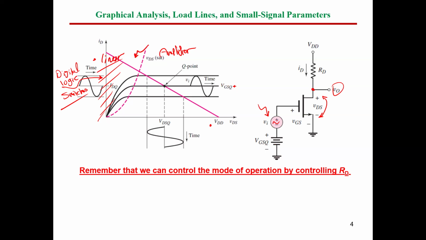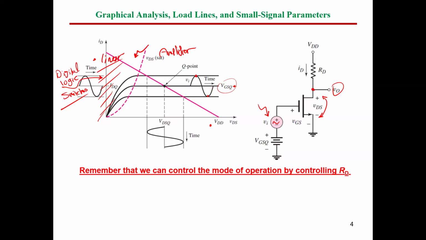The peak value will be the AC peak value plus VGSQ, which is this point here. And the negative amplitude of this AC will be added to VGS again. So this signal represents the AC plus the DC component. This is our signal on the gate side of this MOSFET.